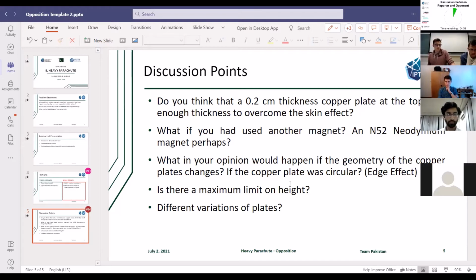So first, regarding the copper plate, we used the 0.2 centimeter thick copper plate because we weren't able to procure a thicker one, just a practical limitation. Is it thick enough to match our model?